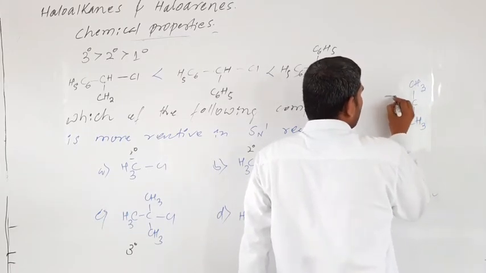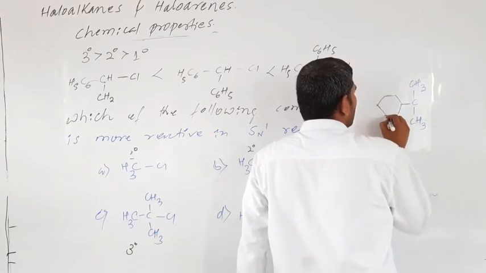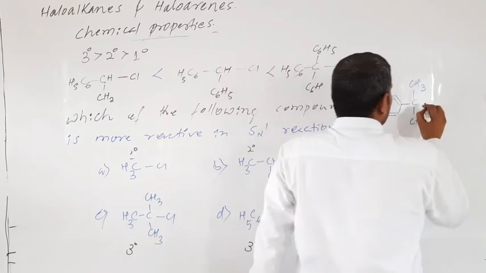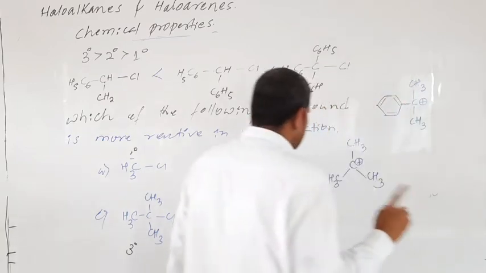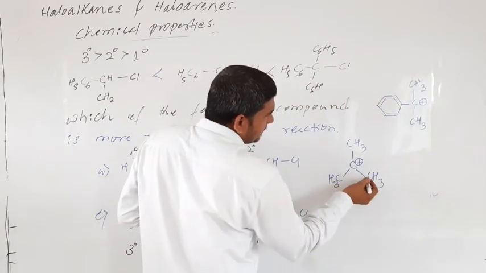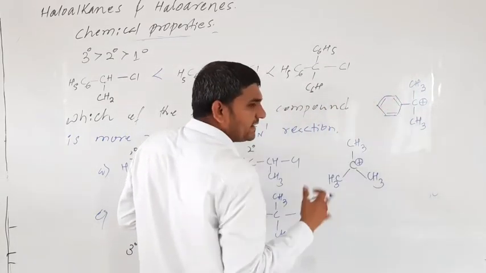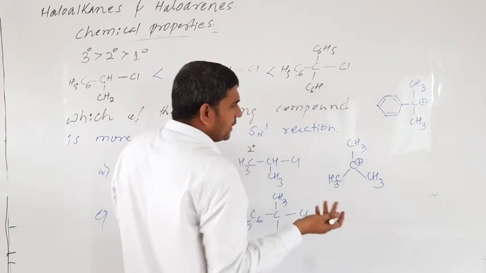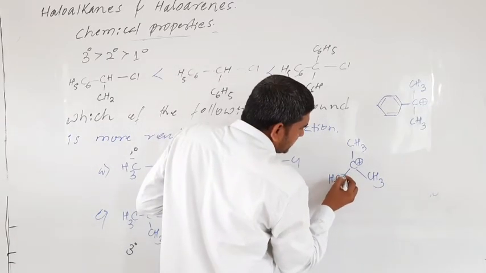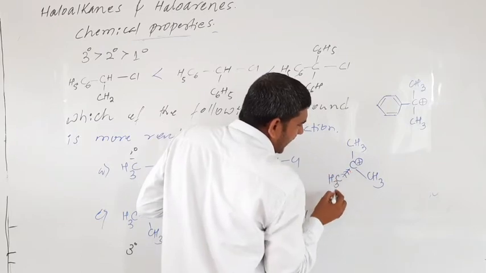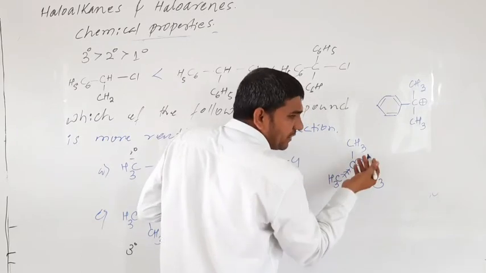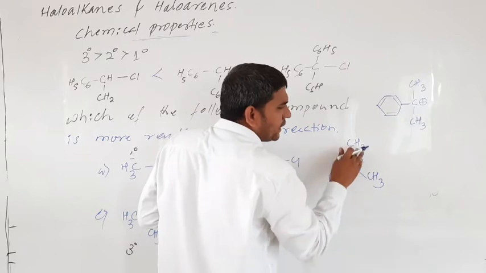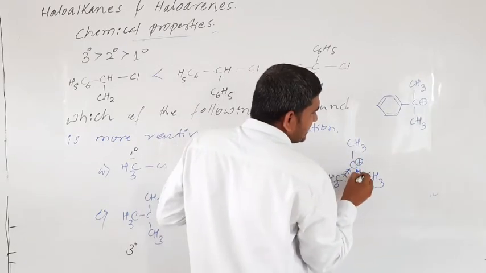Modify means I am writing the structure of the phenyl ring. Okay, this is the carbocation. Listen, over here, which one is a stable carbocation? That decides the rate of a reaction. Over here, methyl groups are donating electrons through the hyperconjugation effect as well as the inductive effect, because alkyl groups are good electron donating groups. They stabilize the carbocation.